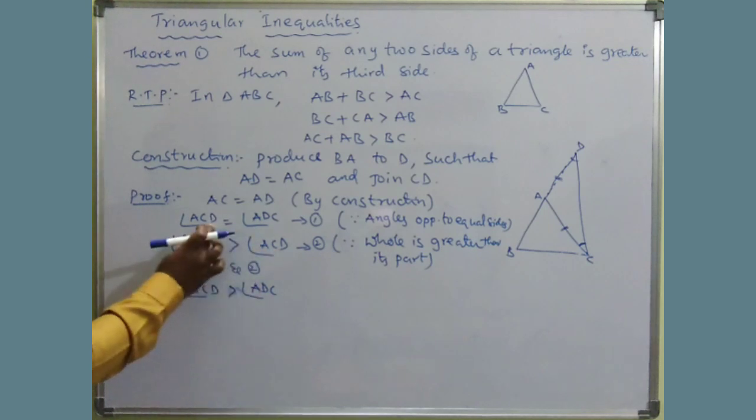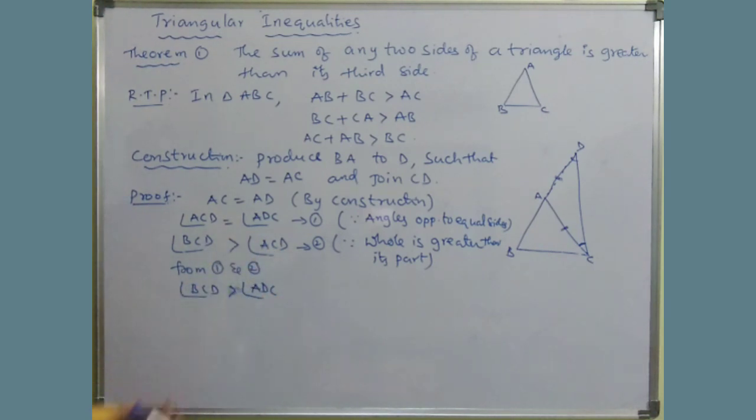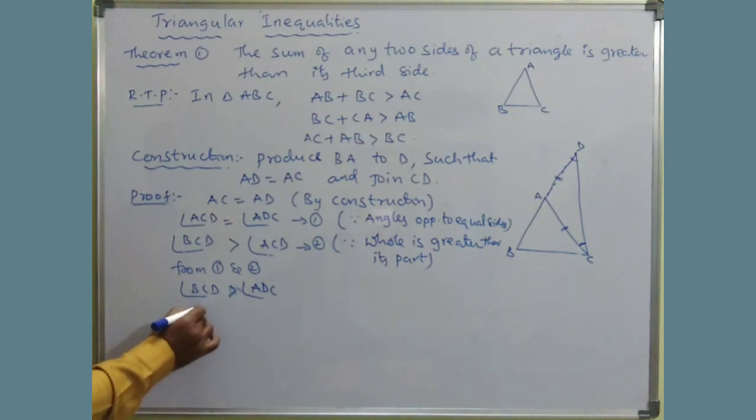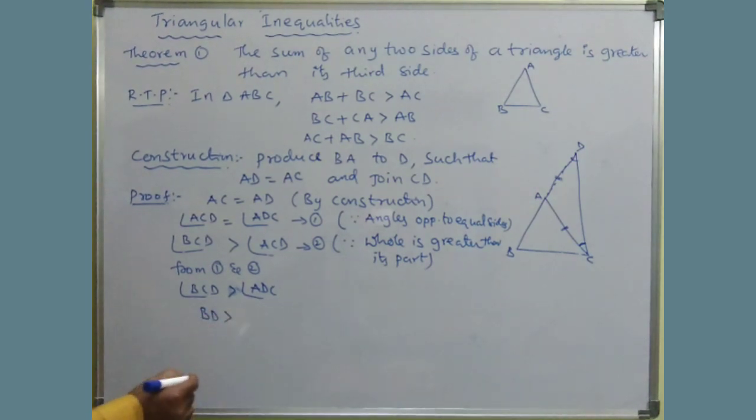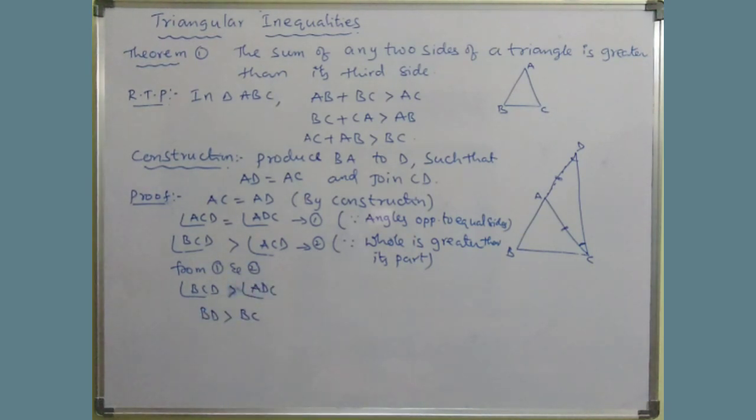Because in the place of ACD I can write ADC because both are equal. Hence BCD is greater than angle ADC. So that means I can say that BD is greater than BC.